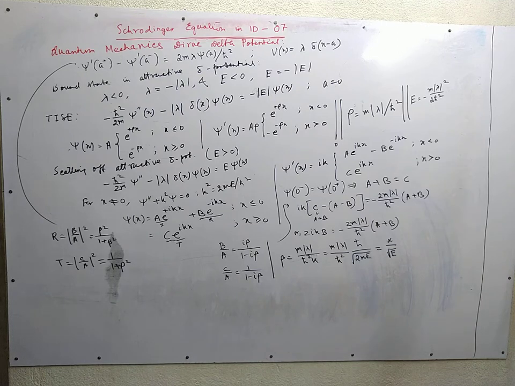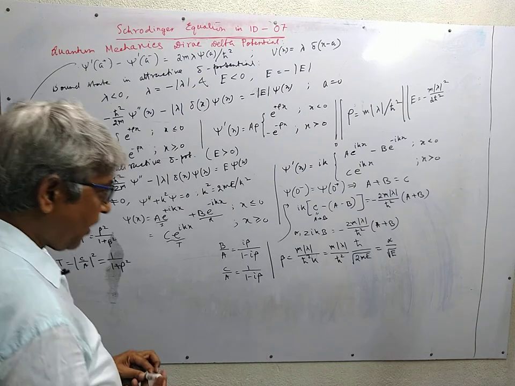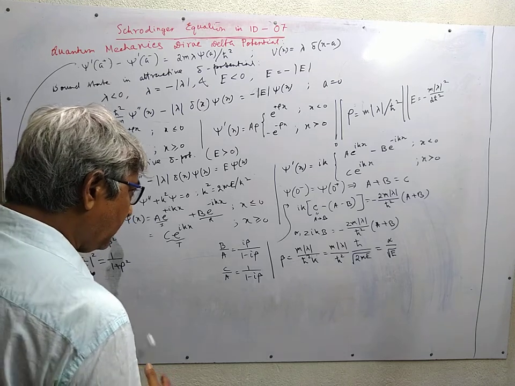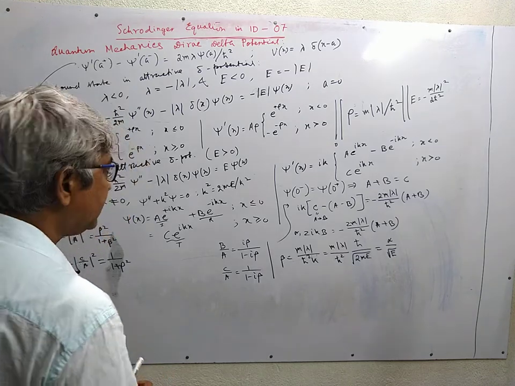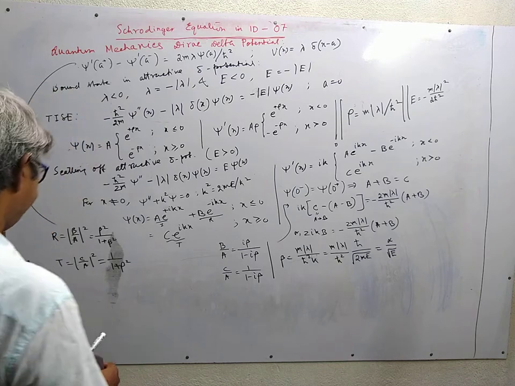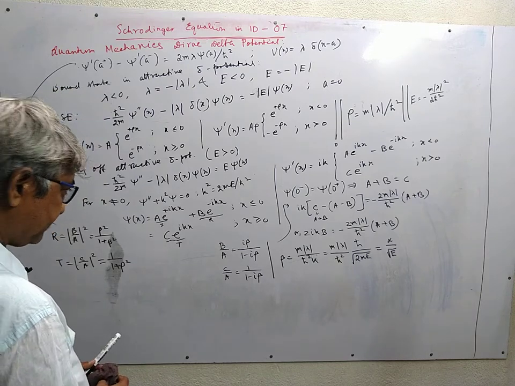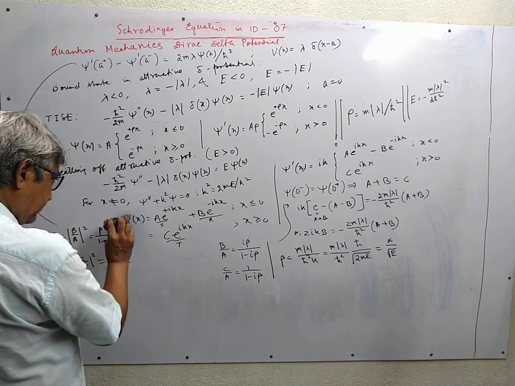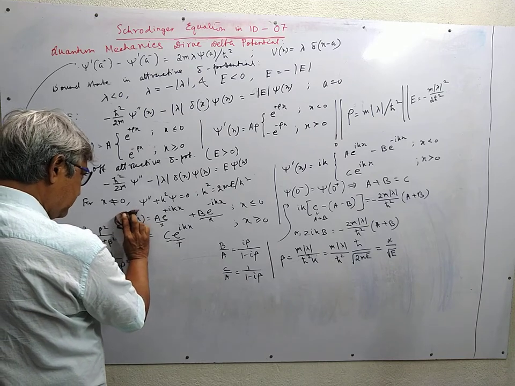Now what will be the nature of this graph? To see this we need space, so we erase this part.